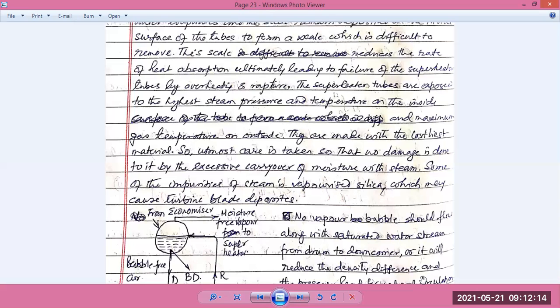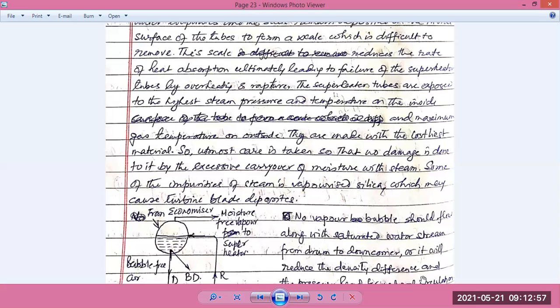If the walls are coated with these impurities, slags, or other salts, what will happen? The transfer of heat will be hampered, and the steam inside the superheater will not be heated quickly, and most of the high heat of the flue gases in the furnace will be absorbed in the walls as well as in the film coating of the superheater walls, and this will result in the failure or inefficient working of the superheater as well as the evaporator, and ultimately it will create rupture in the walls of the superheater.